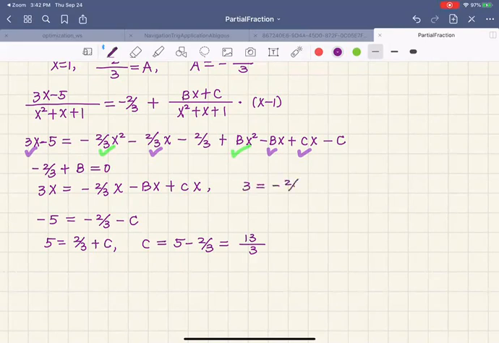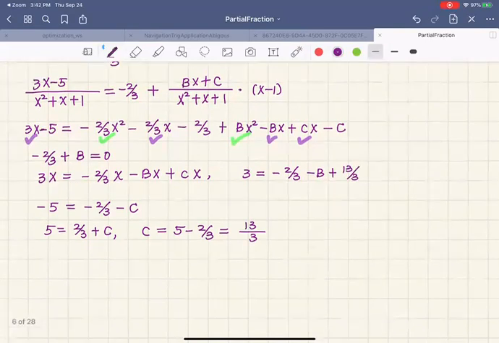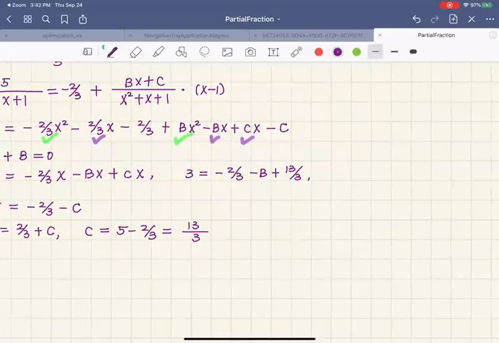Now we plug in, the x terms are all gone. So 3 equals negative 2 over 3 minus b plus 13 over 3. All right. 3 equals 11 over 3 minus b.